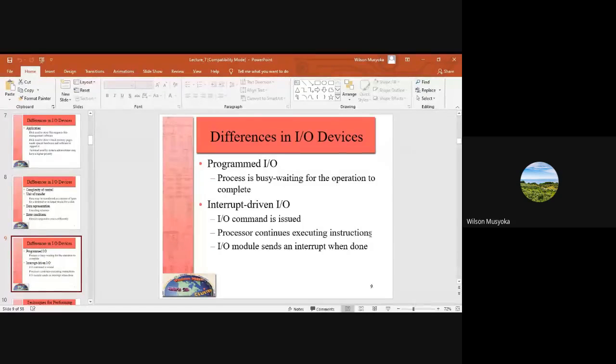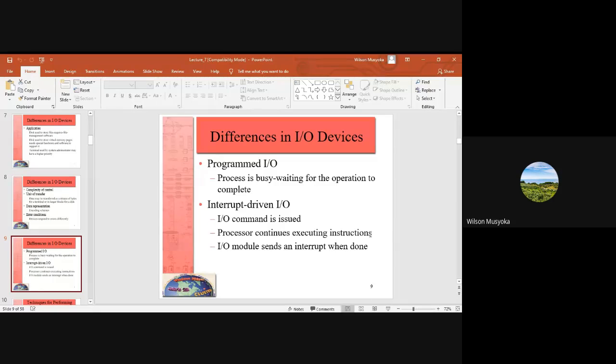When we talk about programmed input-output devices, we say they always work in a sequential manner, or they always follow a certain process, whereby the process has to be completed for the next process to take place.